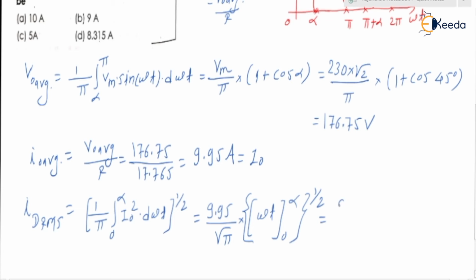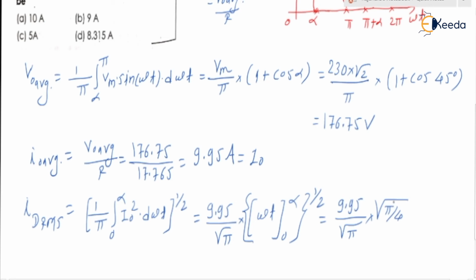So we can write it as 9.95 divided by root pi into the square root of alpha minus 0, and alpha is pi by 4.